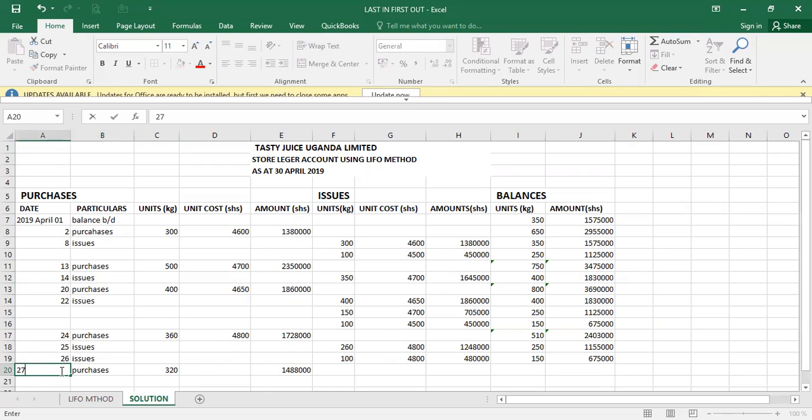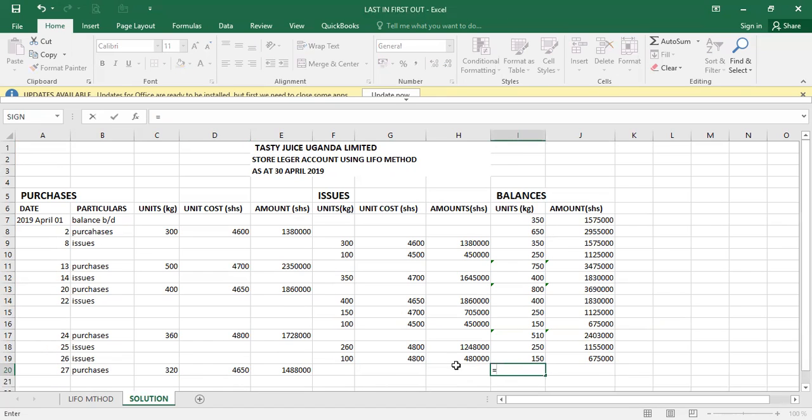On 27th, then we want to find the unit cost. The unit cost will be this divided by this. Most of the times in the question, they give you this and this. Then when they give you, just multiply to get this. But if they give you this one and you don't have this one, you just divide. Hope you are not getting confused.